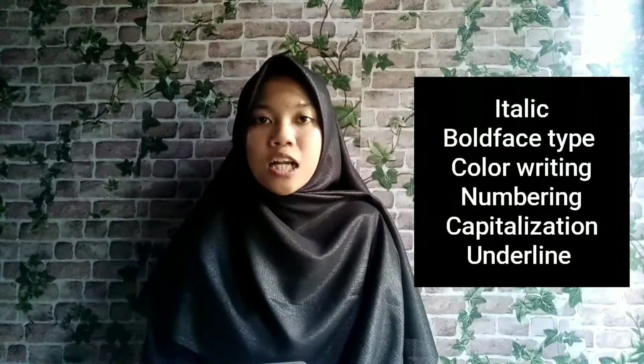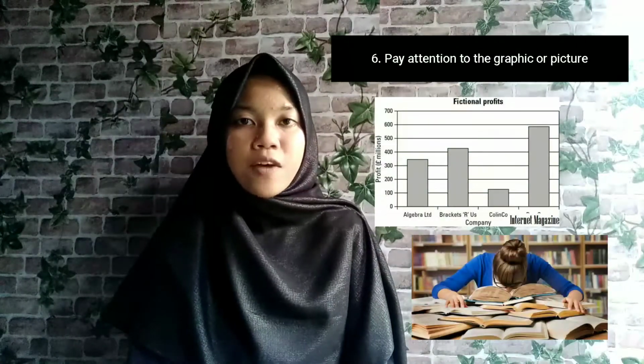Step number 5, read the writing typography. Typography of writing is usually in italic, boldface type, color writing, numbering, capitalization, and underline. Step number 6, pay attention to the graphics or pictures, if any.